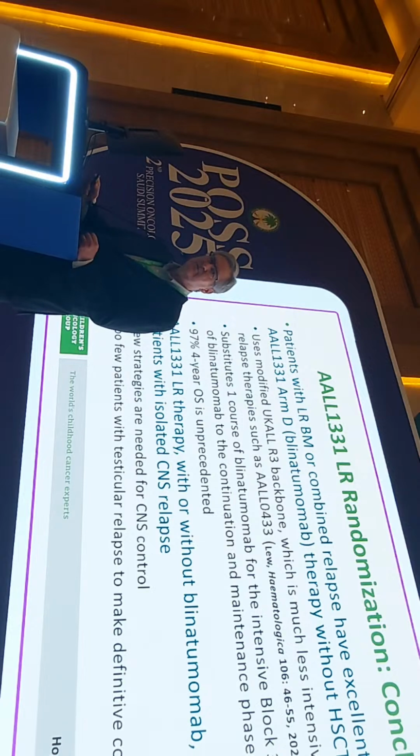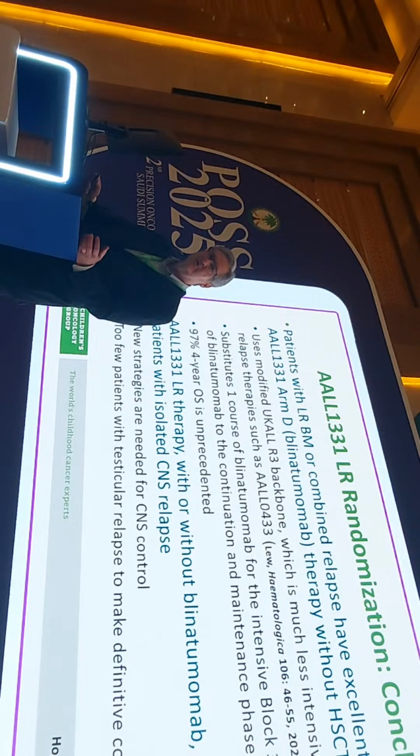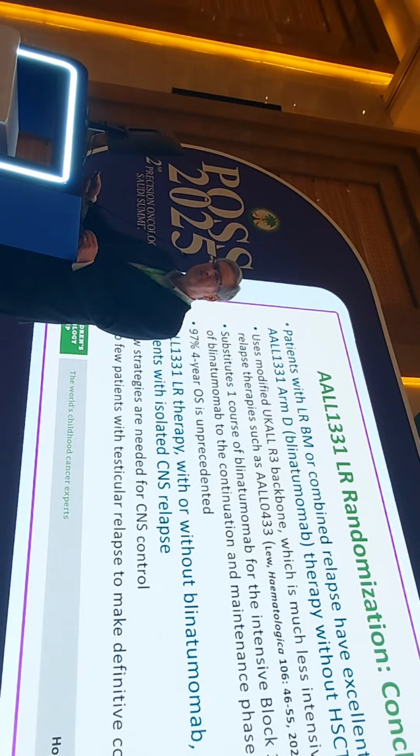And the 97% 4-year overall survival is impressive. However, this therapy with or without blinatumomab is not effective for patients with isolated central nervous system relapse. There are a relatively small number of patients with isolated testicular relapse, and those patients actually did quite well with both arms of therapy, but there are too few to make definitive statements about it.